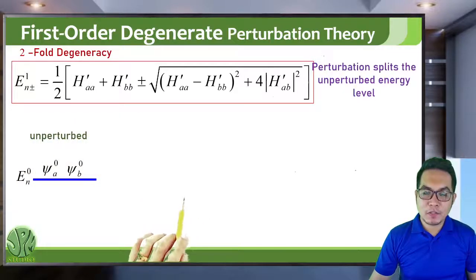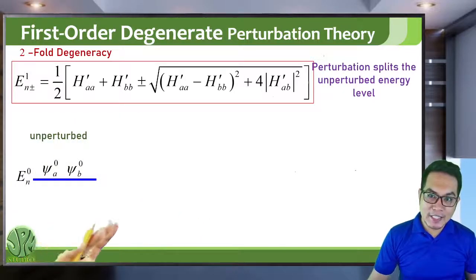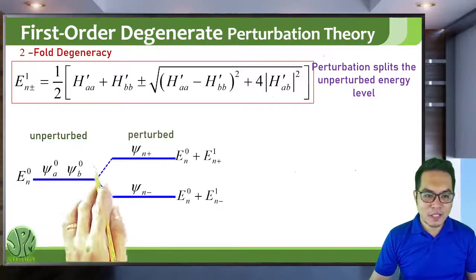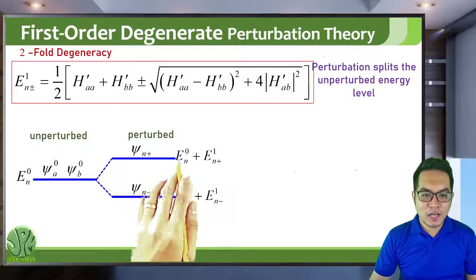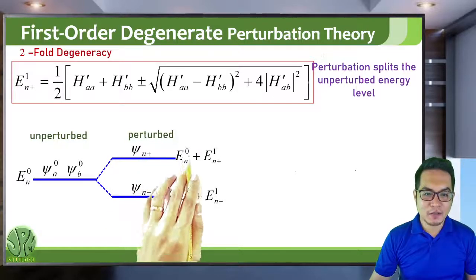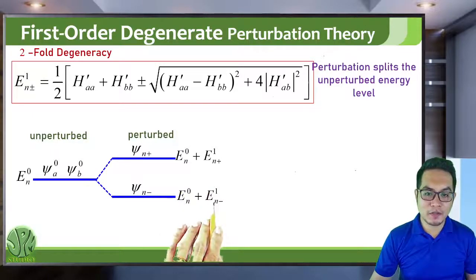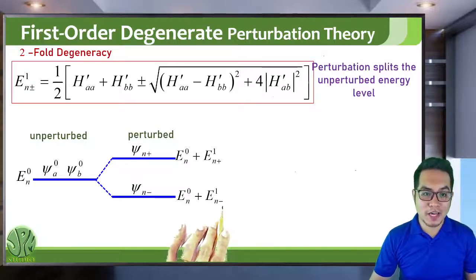So the perturbation actually splits the unperturbed energy level. So there's now a new energy level, En0 plus the first order correction, and then En0 plus the second first order correction. So there are two first order corrections in energy for a twofold degenerate system.